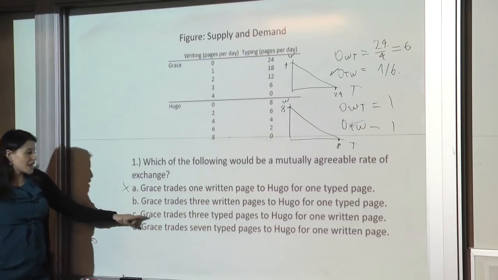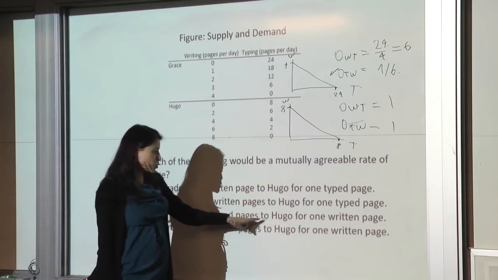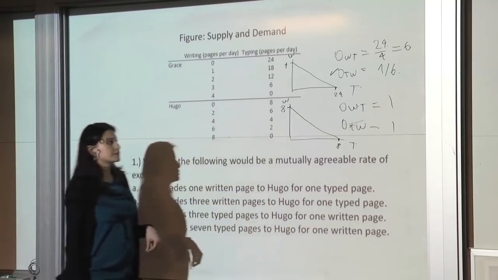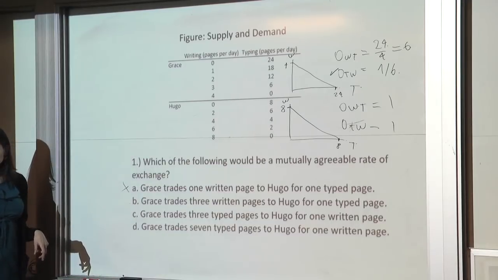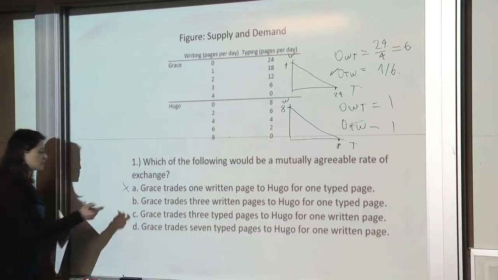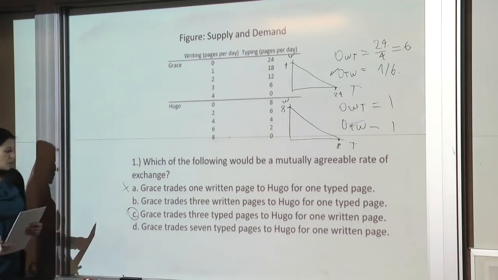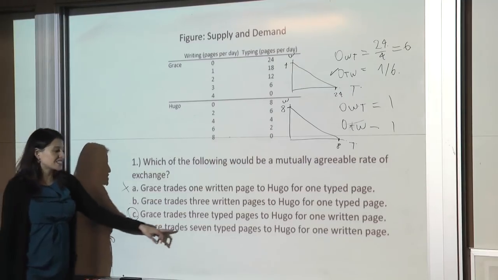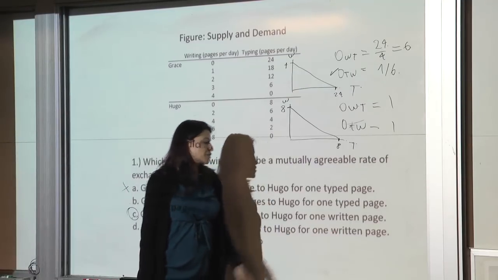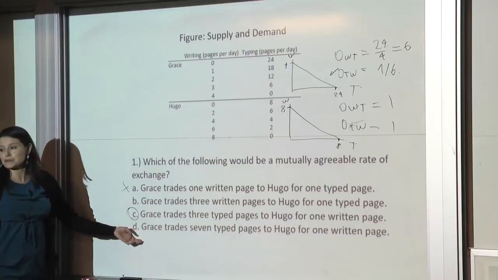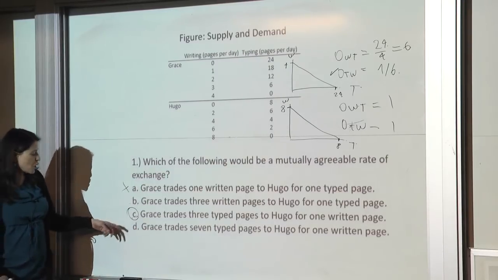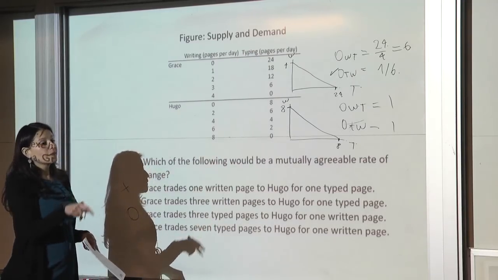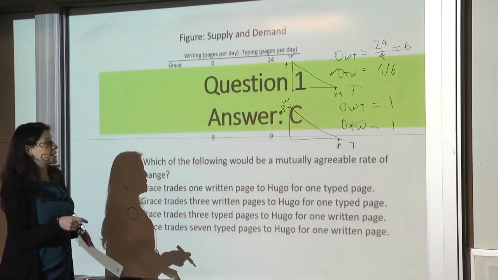C, Grace trades 3 type pages to Hugo for 1 written page. Yeah, that sounds good, right? Okay. Or D, Grace trades 7 type pages to Hugo for 1 written page. No, because this is more expensive, right, than the 6. So the answer is C, okay?